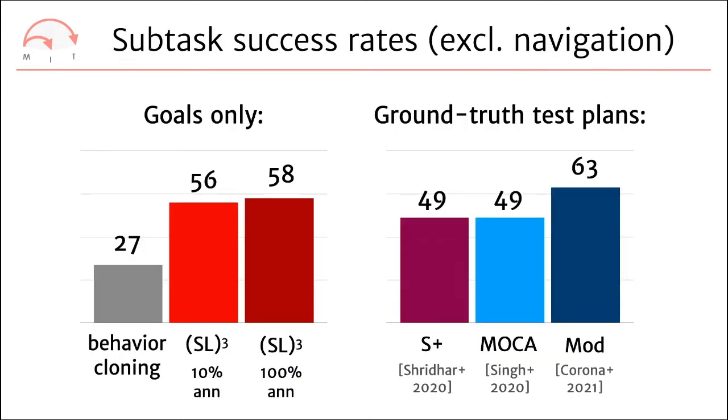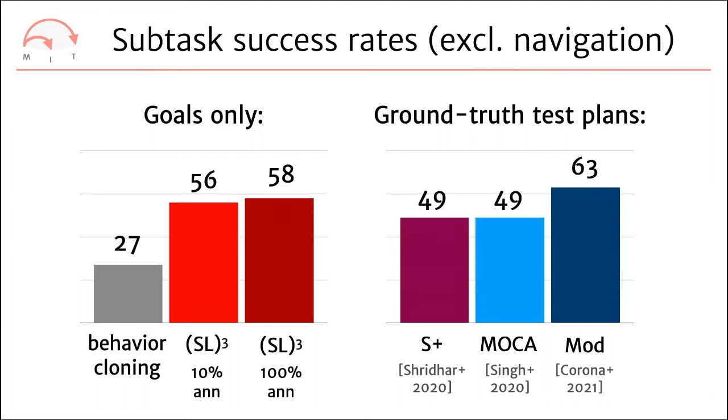In numerical terms, the first thing that I want to say, there's a big star on this slide, which is that all of the numbers that we're looking at here don't include results for the navigation subtask. I'm happy to talk about why that is later on, but if you're super familiar with ALFRED, these are not exactly comparable to things that you've seen before. On all of the other subtasks, using just 10% of annotations, and in fact, if you only use 5% of annotations, the red bars are exactly the same, we do substantially better than ordinary behavior cloning, a model that just gets these high-level goals and low-level actions like we saw at the beginning of the talk.